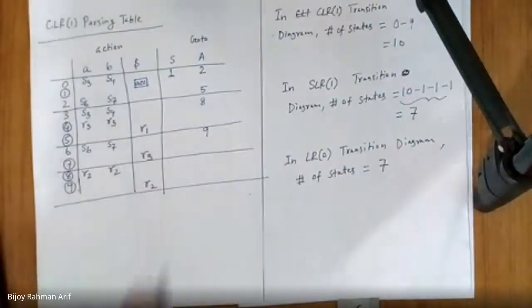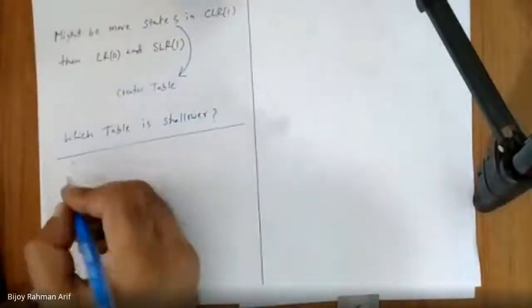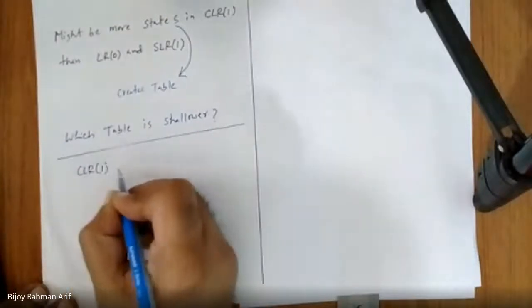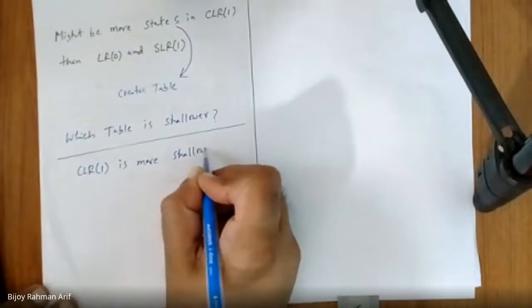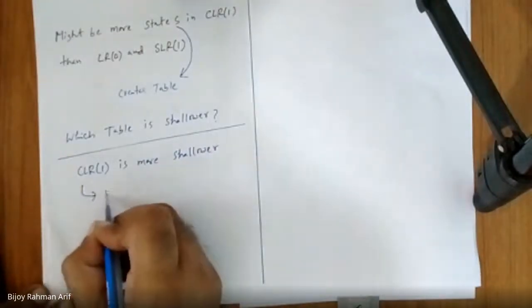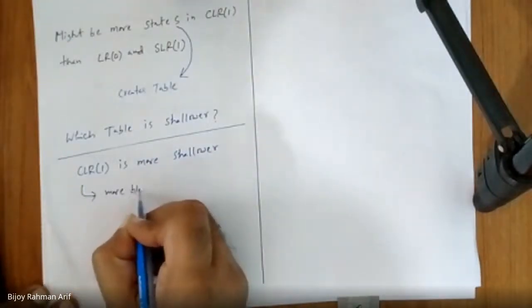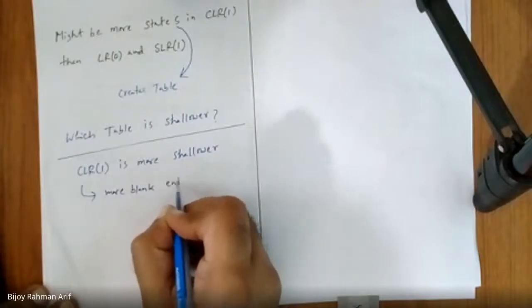Which table would be more shallow? CLR1, good. So CLR1 is more shallow. Shallower means more blank entries. Do you agree with me or not? Yes, sir. It has more blank entries.